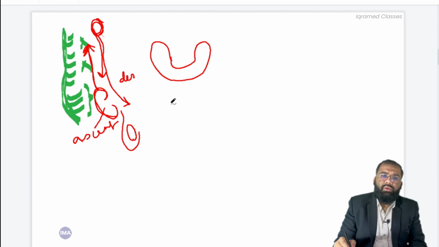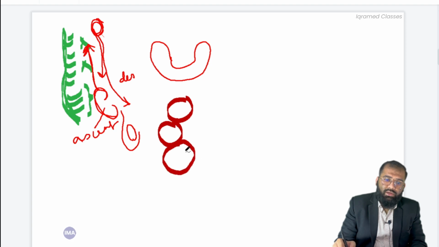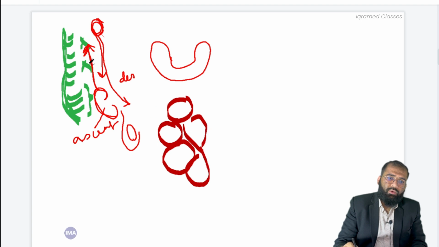Now one of the very important embryological parts which you should know is that when kidneys develop, they develop as multiple islands, which later on fuse together to form a single kidney.